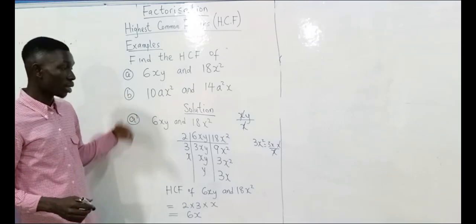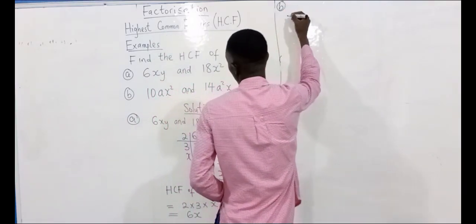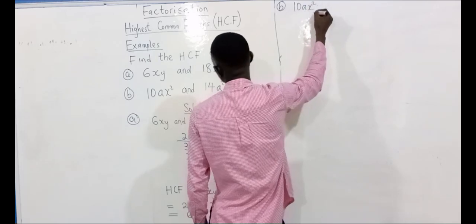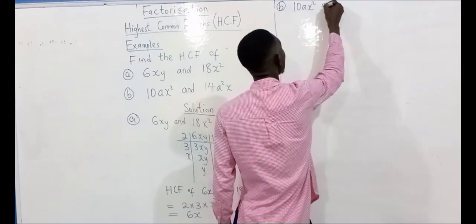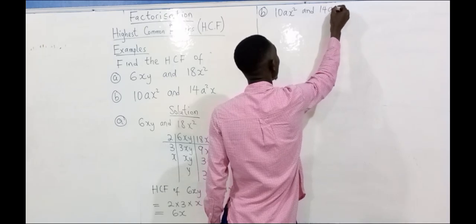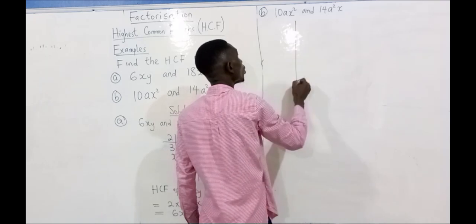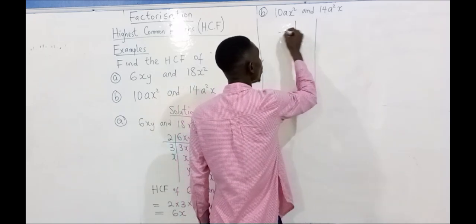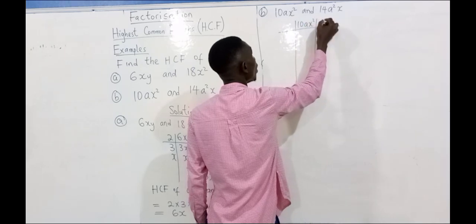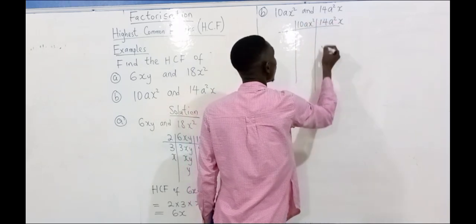Alright, let's look at our second example. This is 10ax squared and 14a squared x. So I'm going to do that again: 10ax squared and 14a squared x.